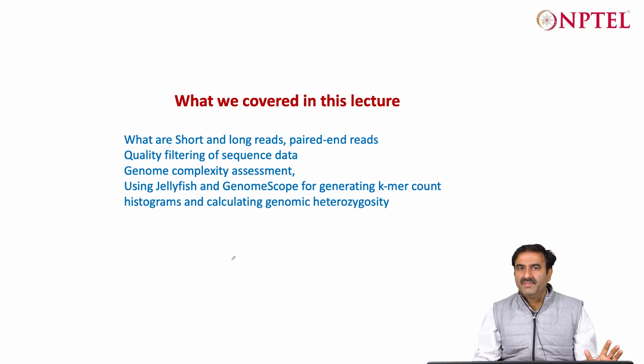In this case we prepared the data for genome assembly by quality filtering and removing reads which are of low quality or having adapters, and also estimated the ploidy level and the heterozygosity of the genome, which will help us during the assembly, and also the K-mer count that we generated, which will help us during the assembly process. Also these statistics are reported along with the genome paper, because for any new genome you have to report how much heterozygosity it has and what level of ploidy it has.